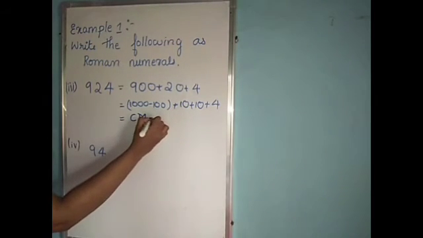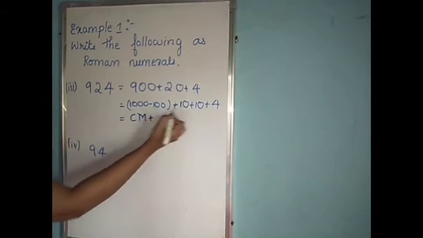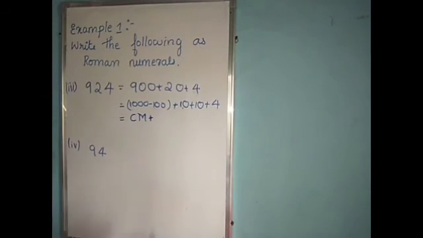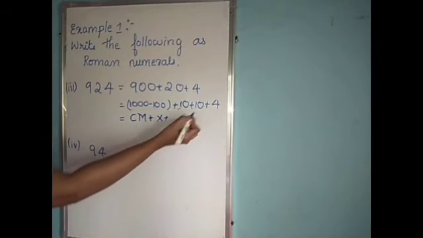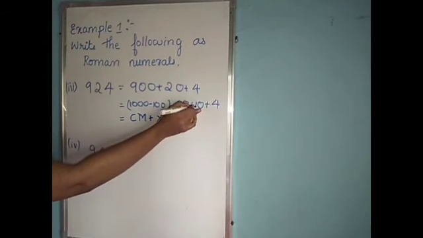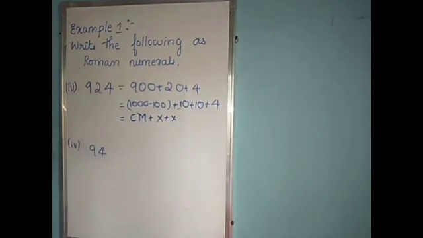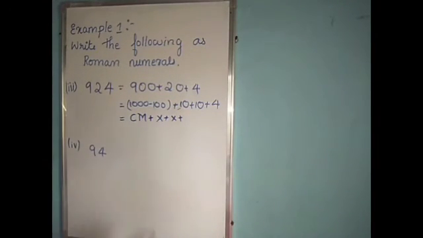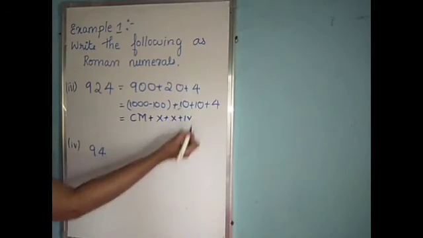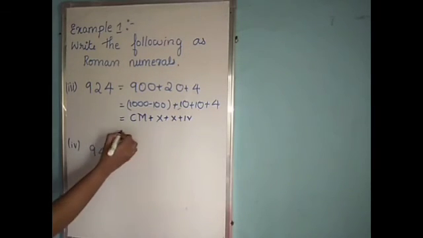Next, plus, what is the symbol of 10? X is the symbol of 10. What is the symbol of 10? X is the symbol of 10. Next 4. What is the symbol of 4? IV is the symbol of 4.